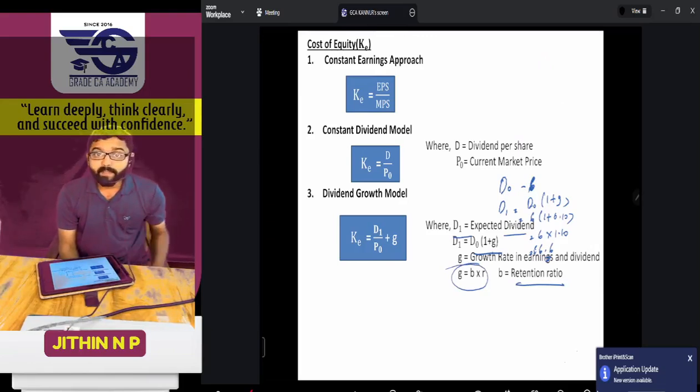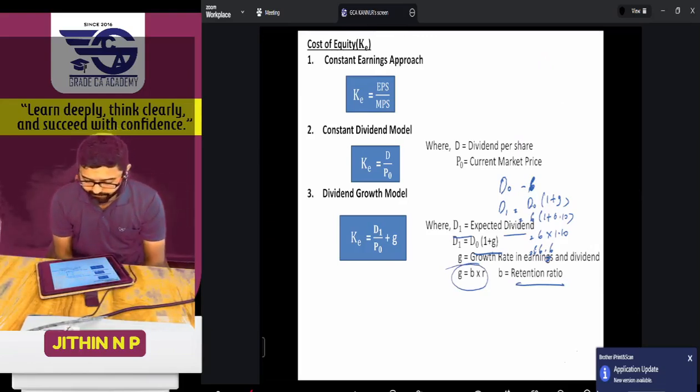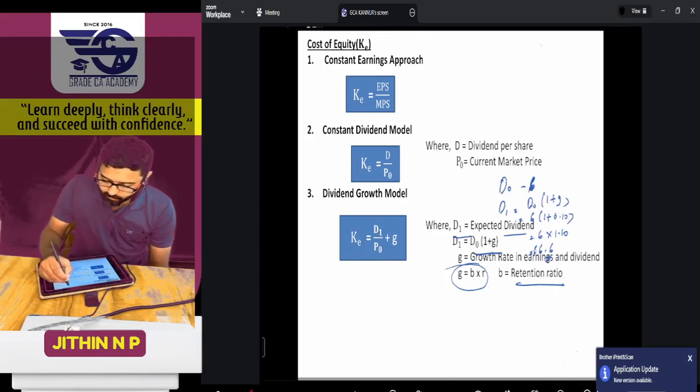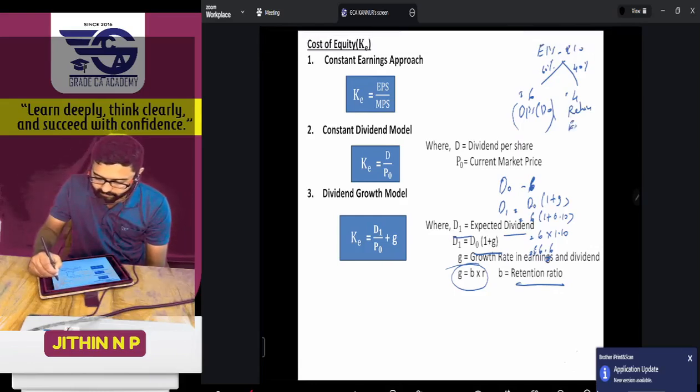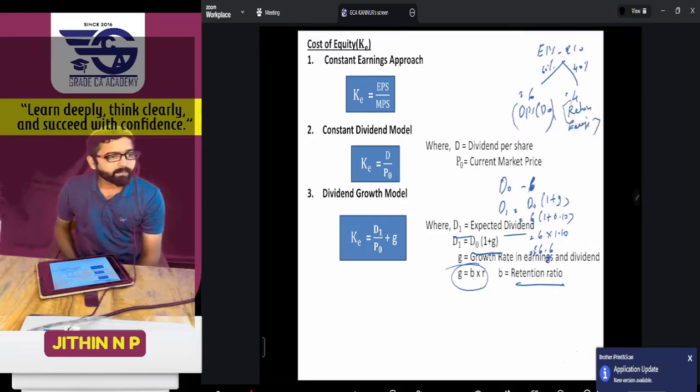Already we discussed in the previous example: EPS is 10 rupees, 60% dividend payout ratio, 40% is retention. 6 rupees DPS is D0, and 4 rupees is the retained earnings per share.